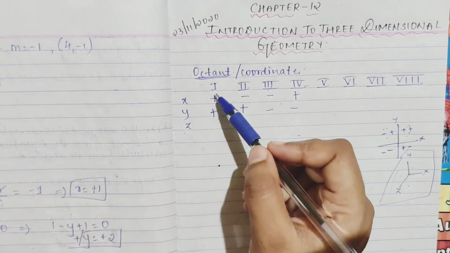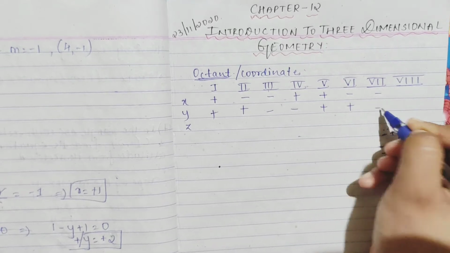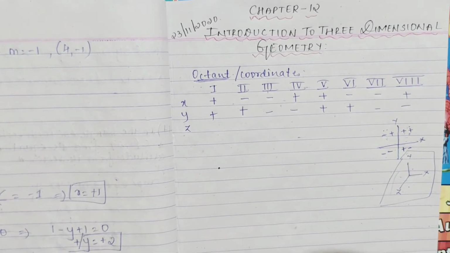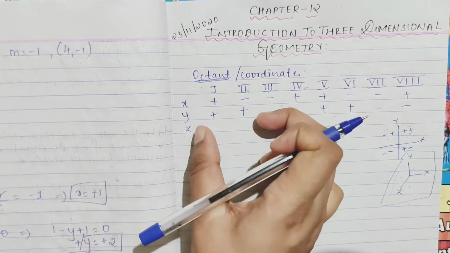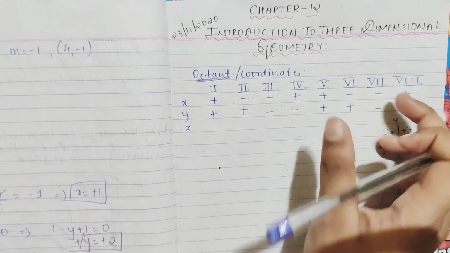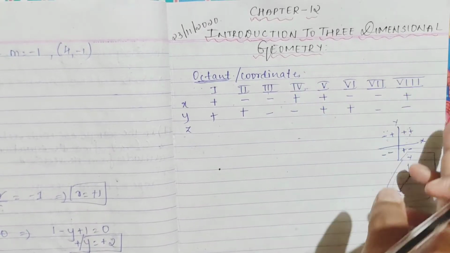Now again repeat the same 4 for quadrants 5, 6, 7, 8: positive, positive; negative, positive; negative, negative; positive, negative. Understood?